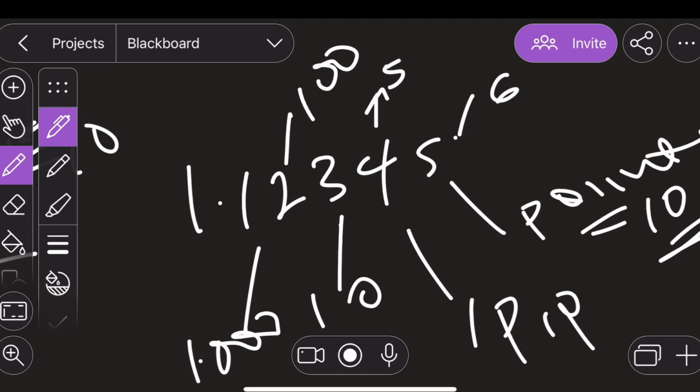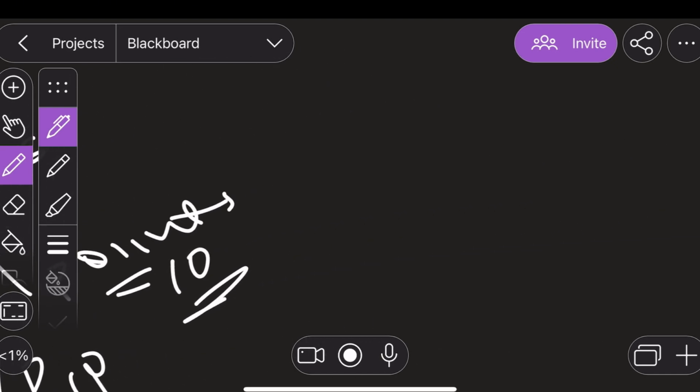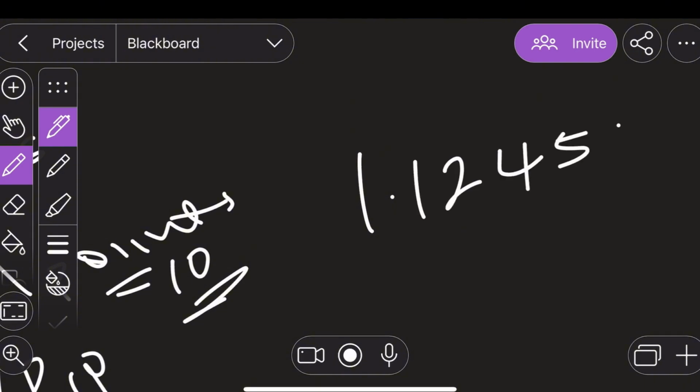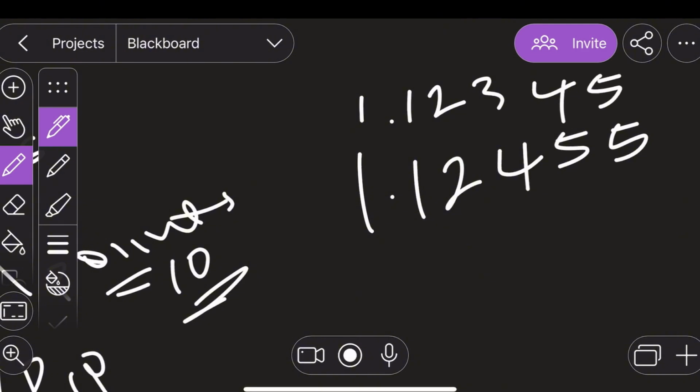So for example, if these digits change, let's say we have 1.12 and change it to 1.12345. So what has changed here simply means this, guys, we will cancel this.